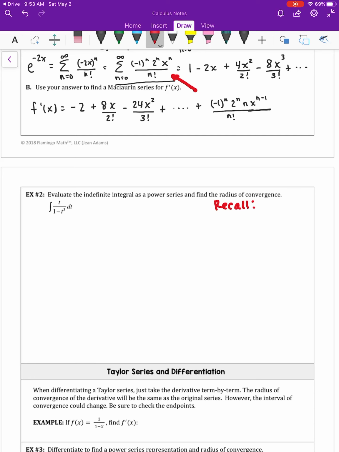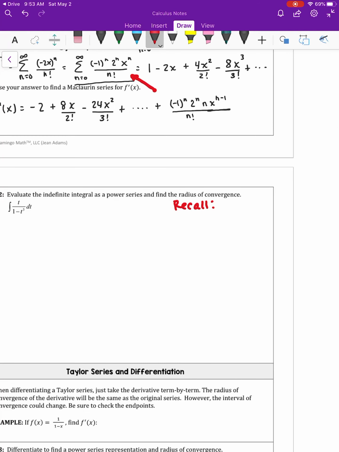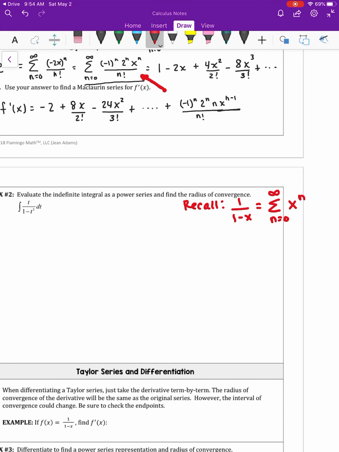So what I did is I started to recall that the Maclaurin series for 1 over 1 minus x is the summation from n equals 0 to infinity of x^n, okay? And that's one of them that they want you to memorize, okay?